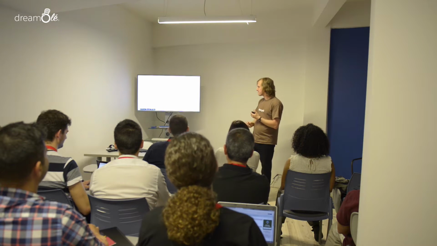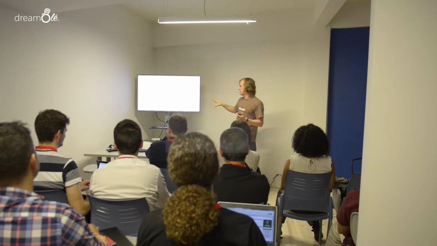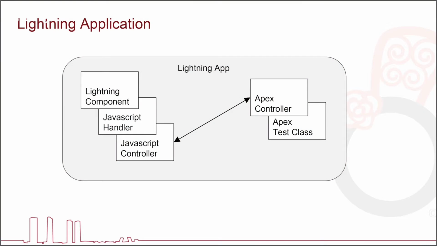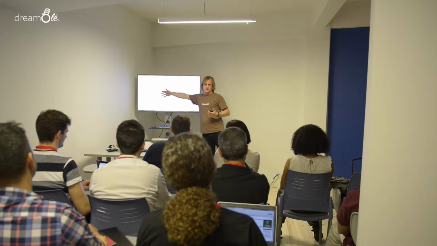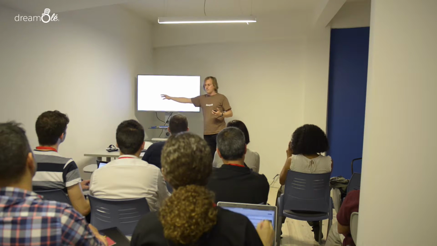So the actual application we're going to build represents a Lightning component. If you're familiar with the structure, the component comprises a front end, which is some HTML, and then 2 JavaScript classes that back that up, called a handler and a controller, and that makes our component.